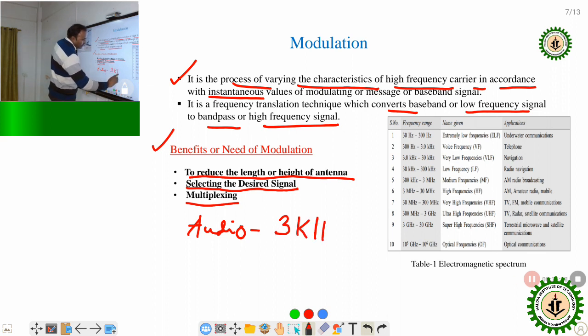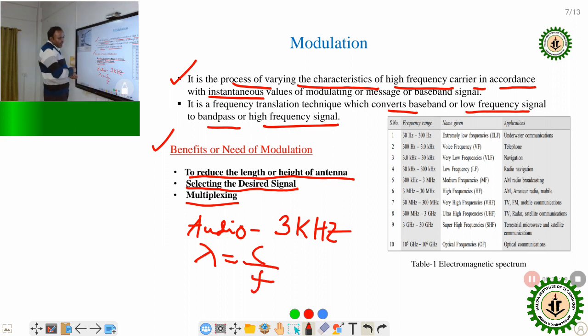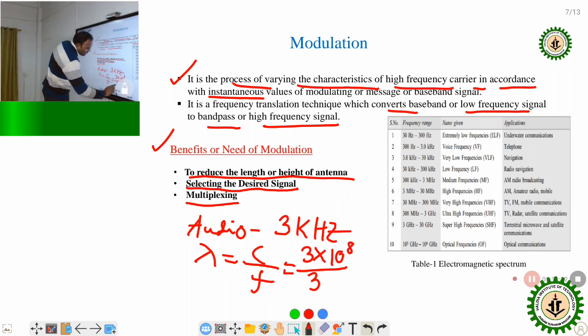If you want to determine the wavelength, it follows this equation, wavelength = c/f, where c is the speed of light, 3 × 10^8 meters per second, and f is the frequency of your audio signal, 3 × 10^3 hertz.